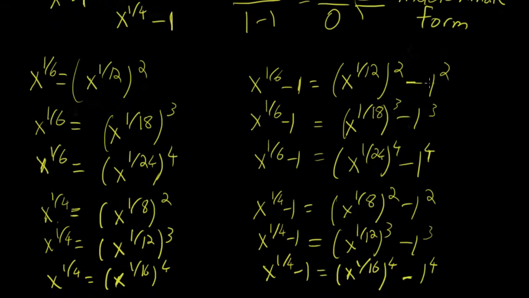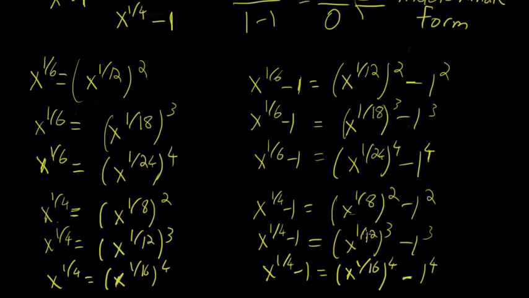And each of these ways results in something that's factorable. Here we have something of the form a squared minus b squared, where a is x to the 1/12 and b is 1. Here we have something of the form a cubed minus b cubed. Here we have something of the form a to the fourth minus b to the fourth. And for the denominator, x to the 1/8 squared minus 1 squared is of the form a squared minus b squared.